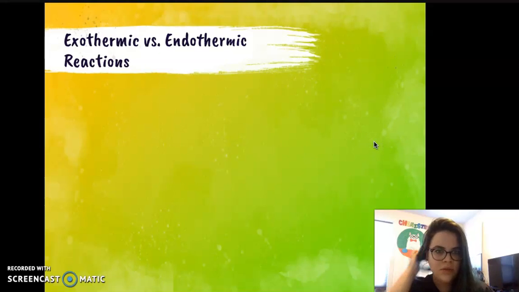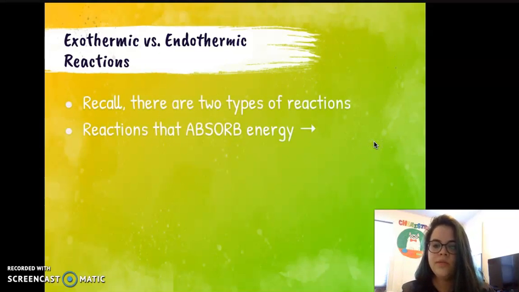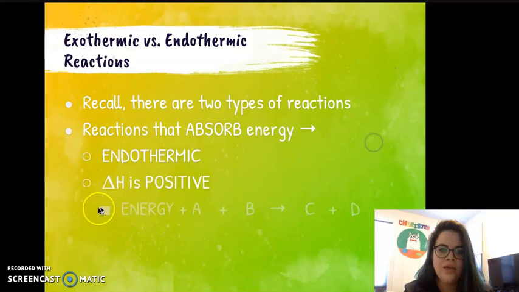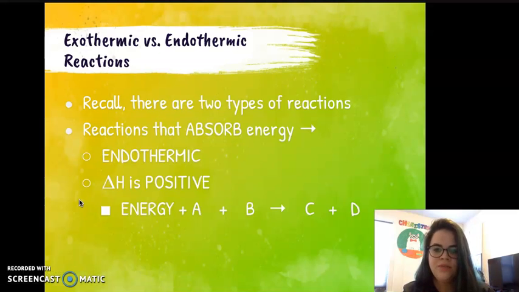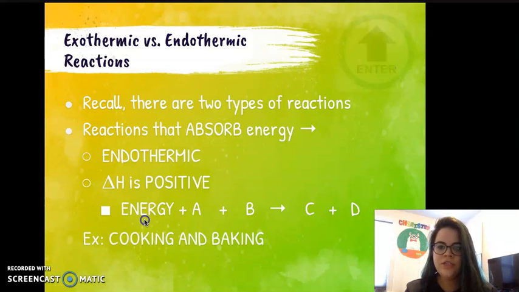The opposite of an exothermic process is a reaction in which the energy is absorbed, and we call that an endothermic system. In a chemical reaction, you will see the energy as a reactant because delta H will be positive. Okay, and when delta H is positive, you'll put it here at the beginning. An example, anytime you're cooking or baking or anything like that, you need to add energy to make it happen.